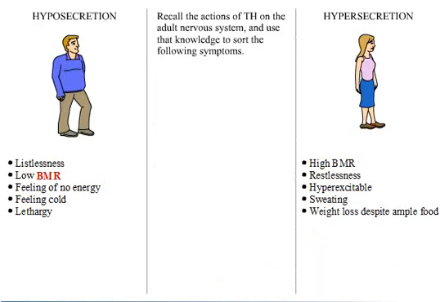Recall the actions of TH on the adult nervous system and use that knowledge to sort the following symptoms.